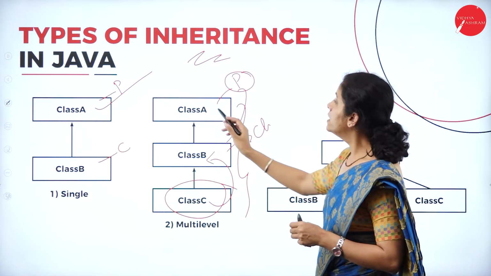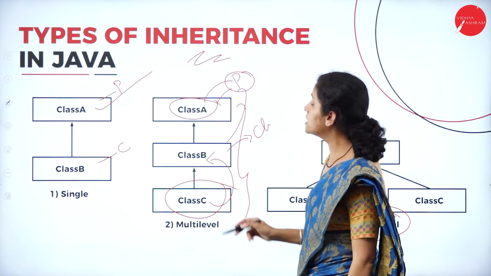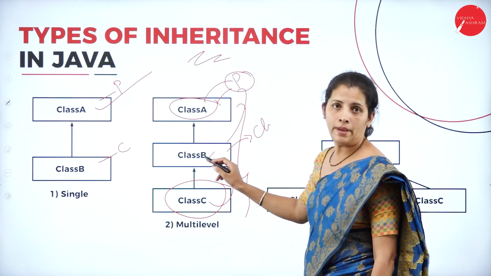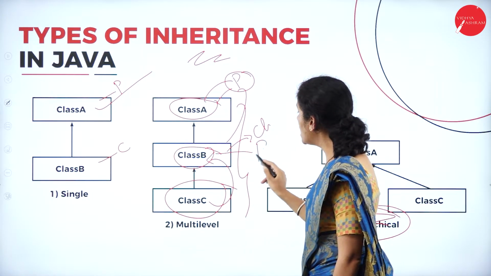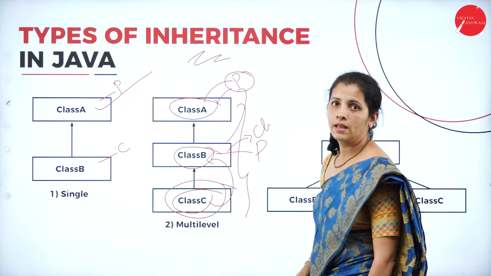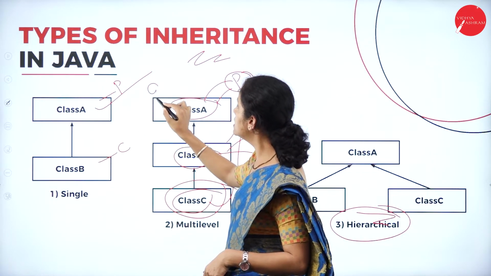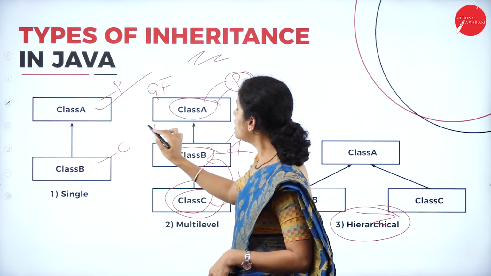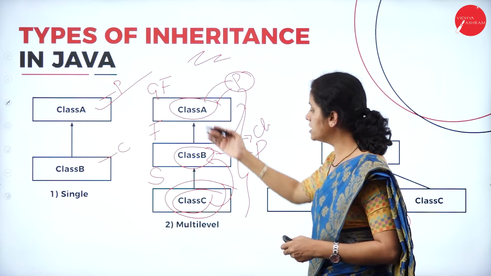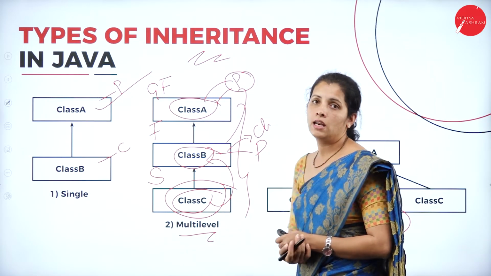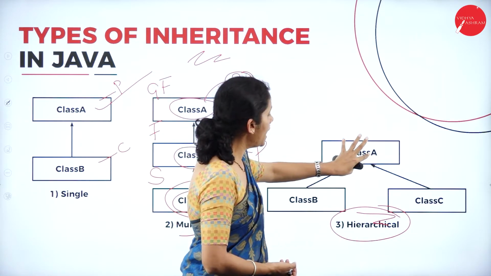I repeat, class A is the parent class to class B, and class B is the parent class to class C. In general terminology, we can consider this as grandfather, father and son. This kind of representation is called multi-level inheritance.